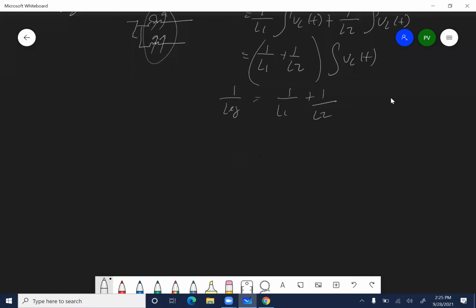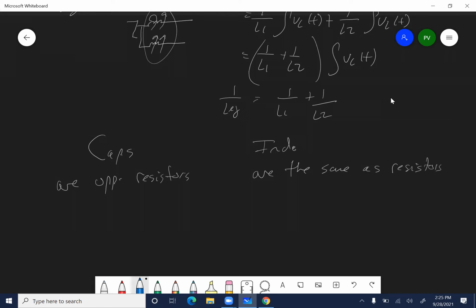Well, let's just summarize. Capacitors are opposite. Resistors and inductors are the same as resistors. What that means is when resistors are in series, it becomes R1 plus R2.